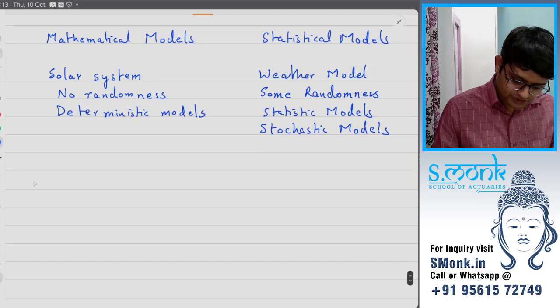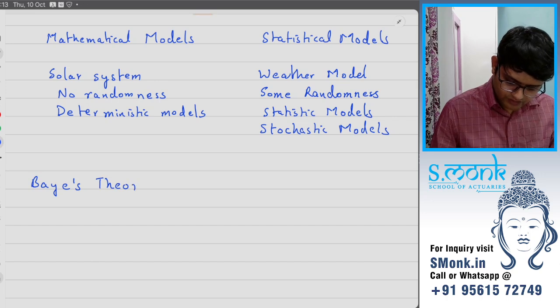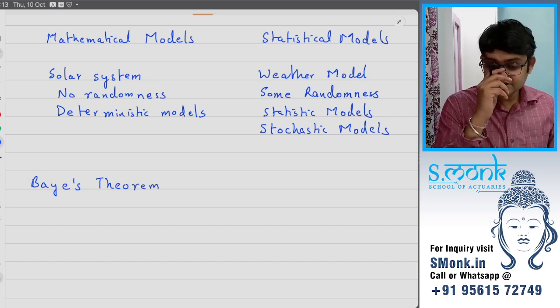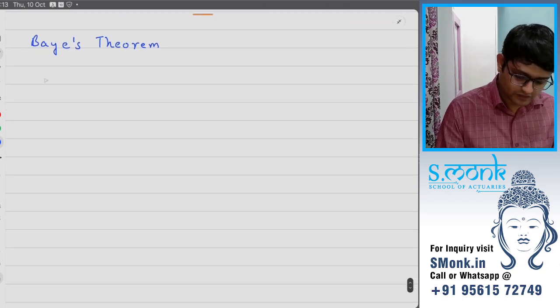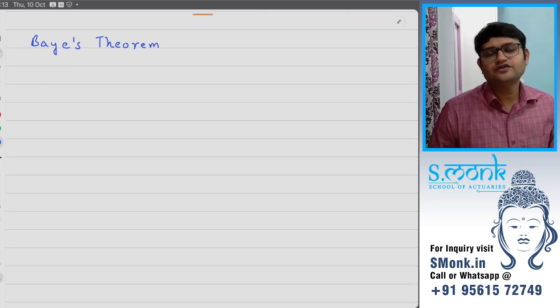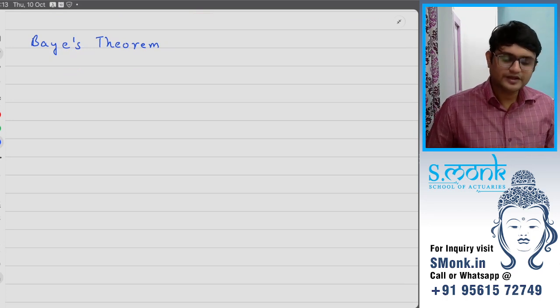So the next topic, the last topic of this chapter, is Bayes theorem. Now we'll take all the assumptions that we used in the law of total probability.